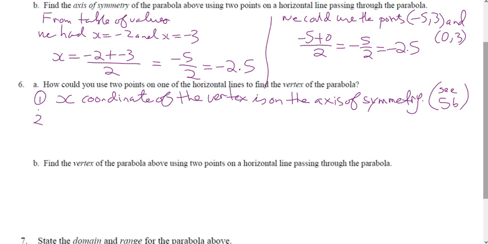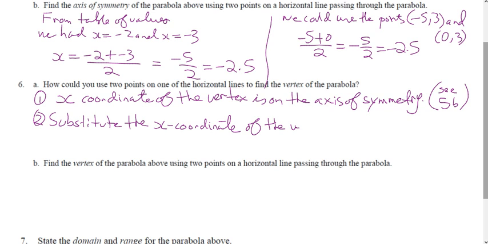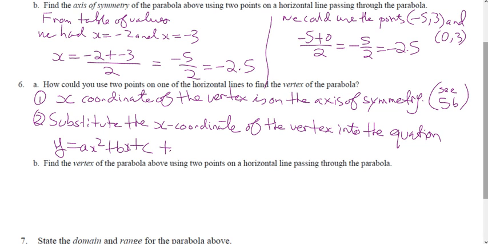So step 2, substitute the x coordinate of the vertex into the equation y equals ax squared plus bx plus c, to find the y coordinate.